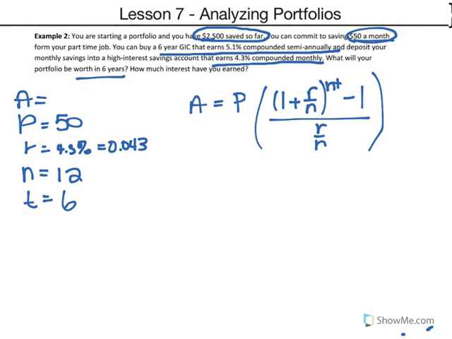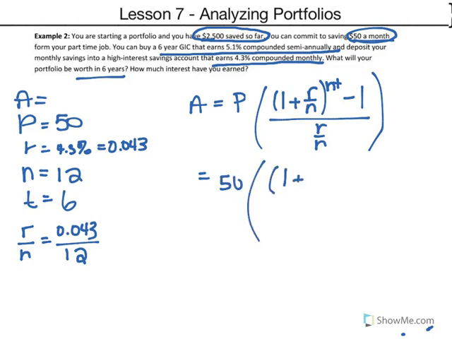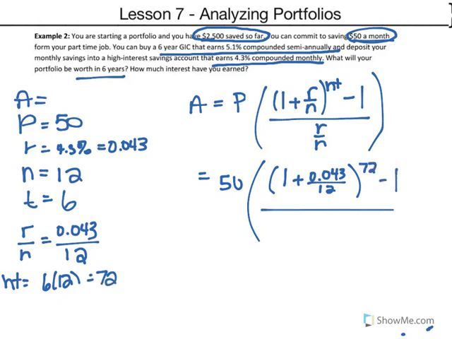R over N is 0.043 divided by 12, which will be a repeating decimal, so we can leave it like that. Our P value is 50. So 50 bracket 1 plus 0.043 over 12 to the power of N times T. So 6 times 12 is 72, minus 1, divided by 0.043 divided by 12.